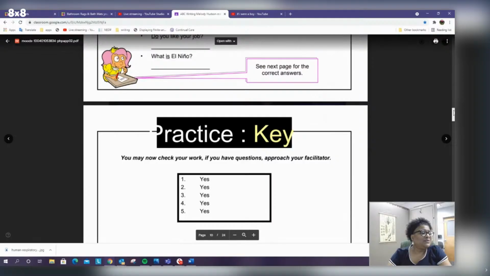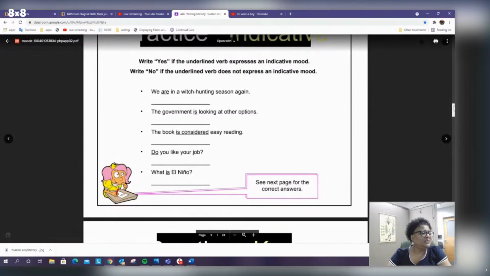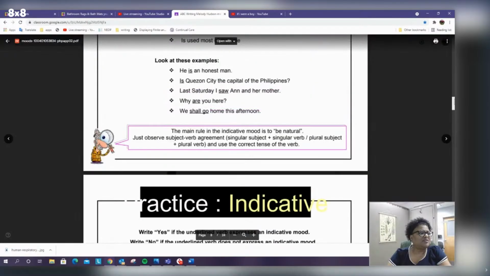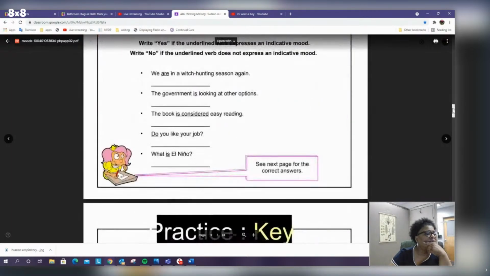Oh, Melody was wrong. Look at number, do you like your job? So does it express an indicative mood? Do you like your job? Do you like?